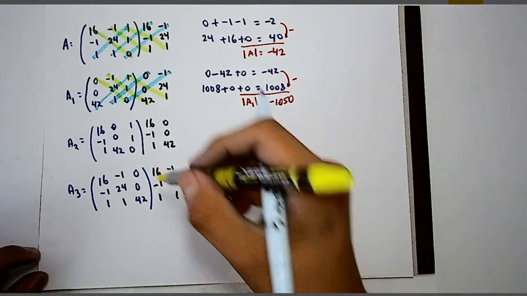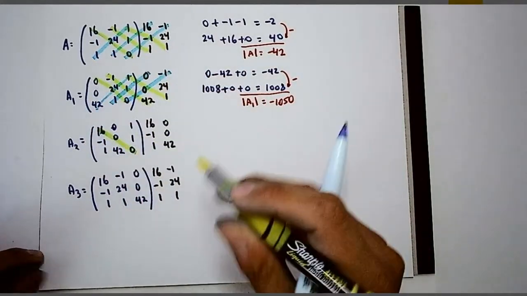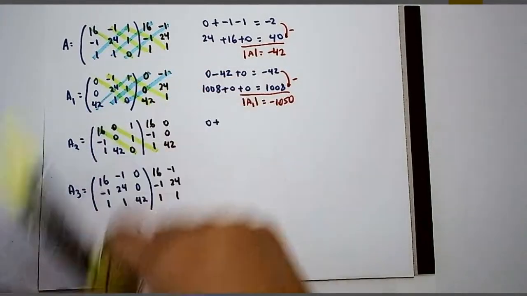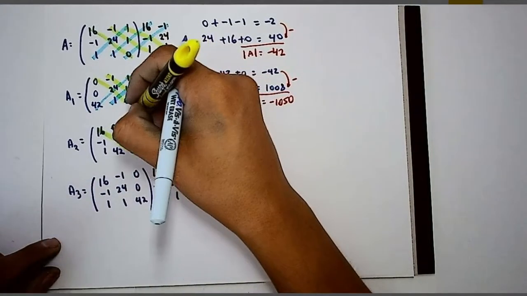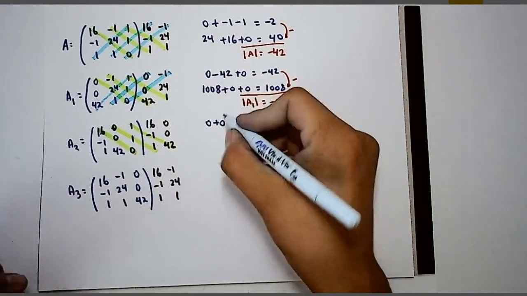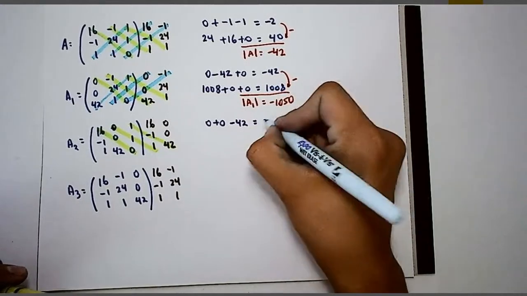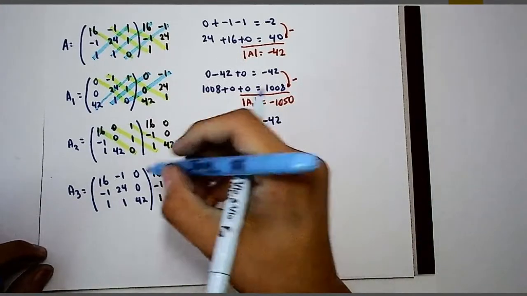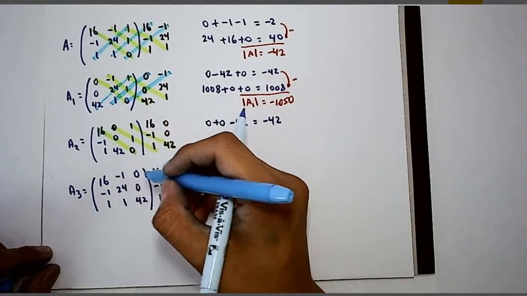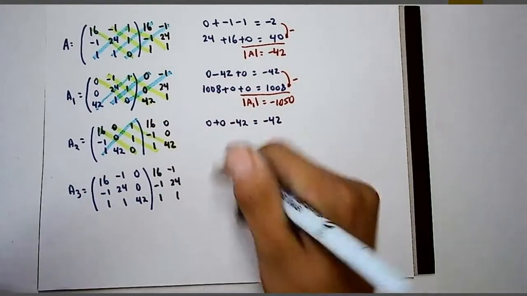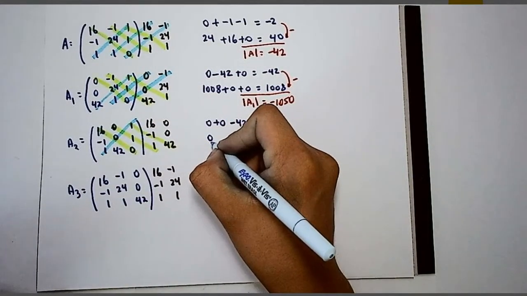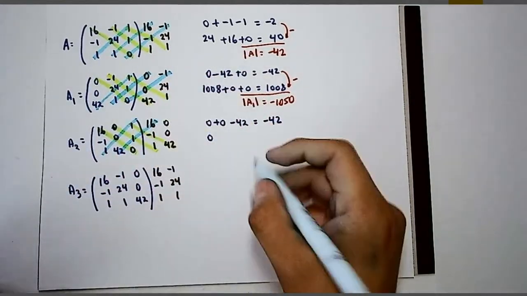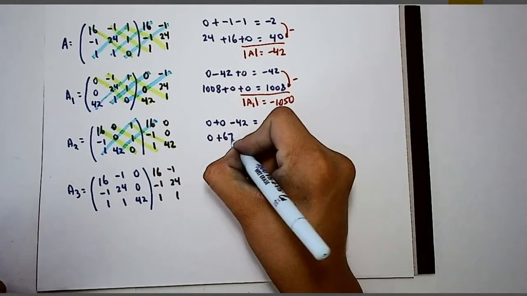For A sub 2, we get 0 plus 0. 1 times minus 1 times 42 is minus 42. Here we have 0. 42 times 1 times 16 is 672.